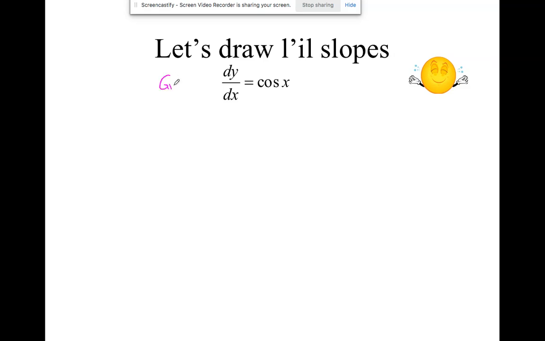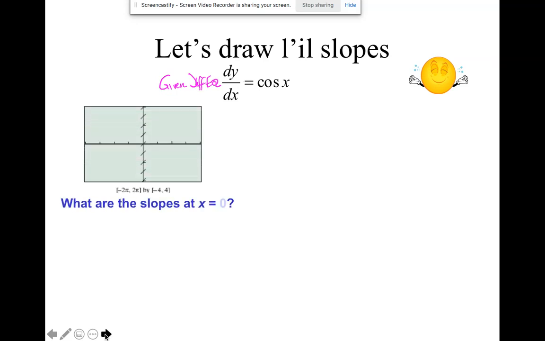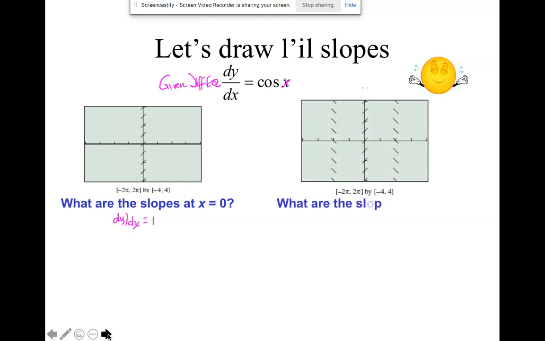Given a differential equation, y prime is equal to cosine x. Think about what the slopes are. The derivative only depends upon x, doesn't depend upon y, and the cosine of 0 is 1. So look at all those slopes that I drew. At x equals 0, y prime is 1, so I drew a bunch of slopes of 1.